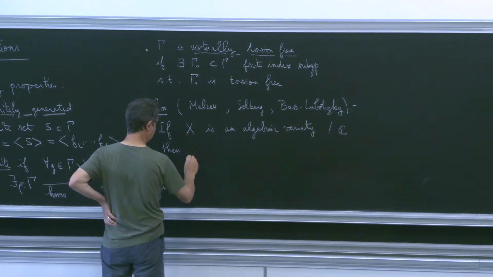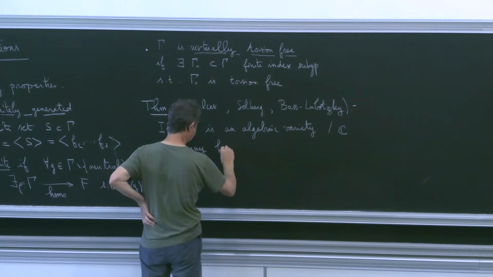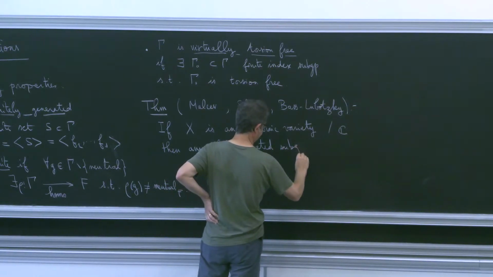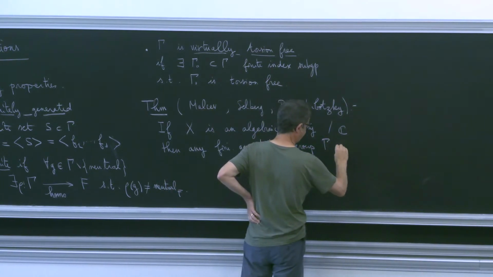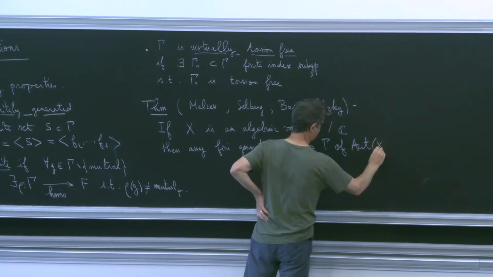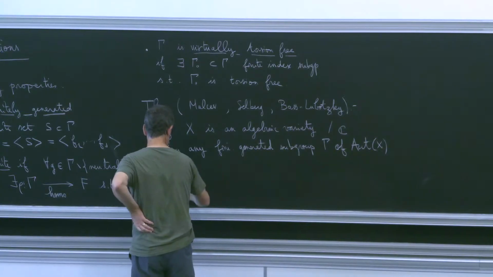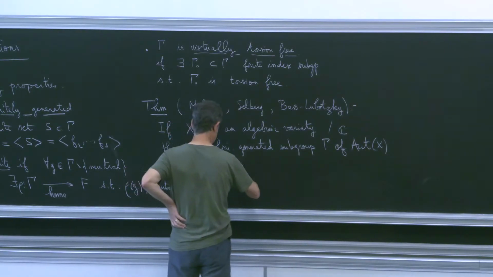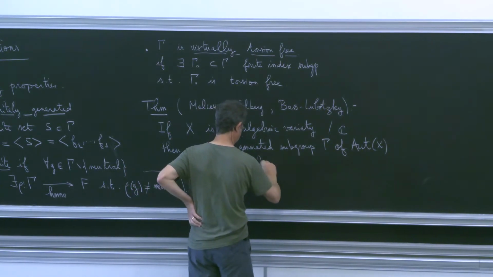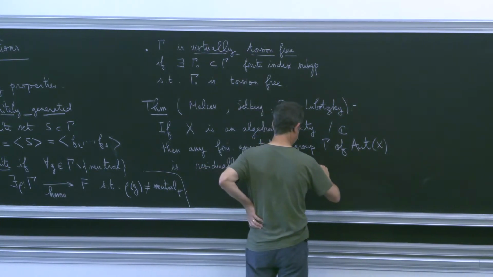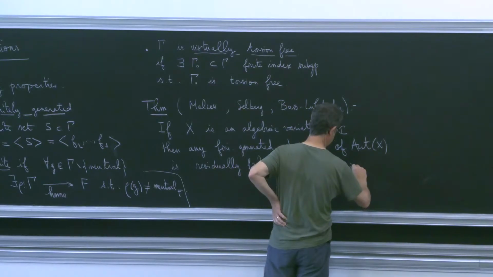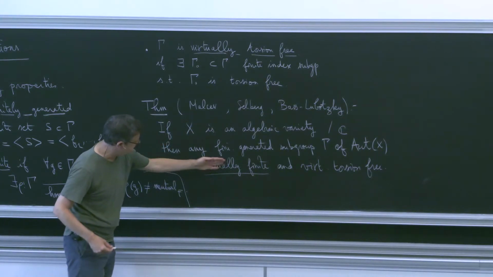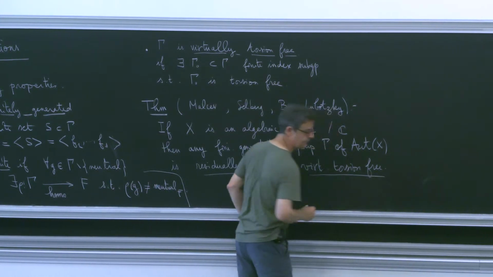Then any finitely generated subgroup gamma of the group of automorphisms of X is both residually finite and virtually torsion-free. Okay, so this residually finite property is the Malcev property. This one is the Selberg property.